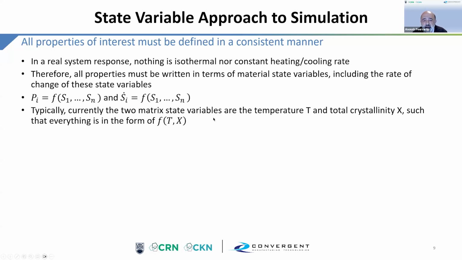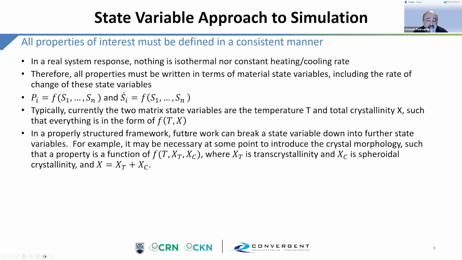At the moment, the two matrix state variables for thermoplastics are the temperature and the total crystallinity, so that everything is described in terms of, say, the CTE, the coefficient of thermal expansion, given that I know what the temperature is, given I know what the current degree of crystallinity is.